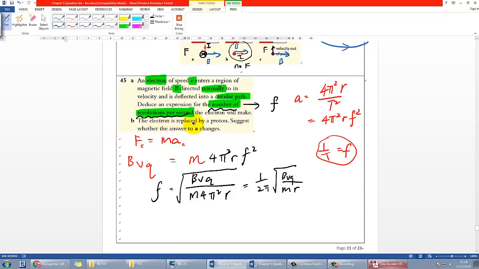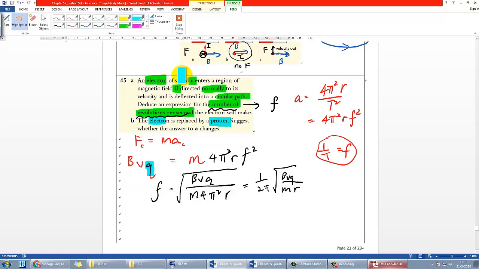Okay, and part B. Electron is replaced by proton, suggest whether the answer in A would change. Nothing, I don't think so. Because when you change from electron to proton, what would be changed is simply the charge Q. It goes from negative to positive, so it would affect direction, but in terms of number, it will not affect anything.